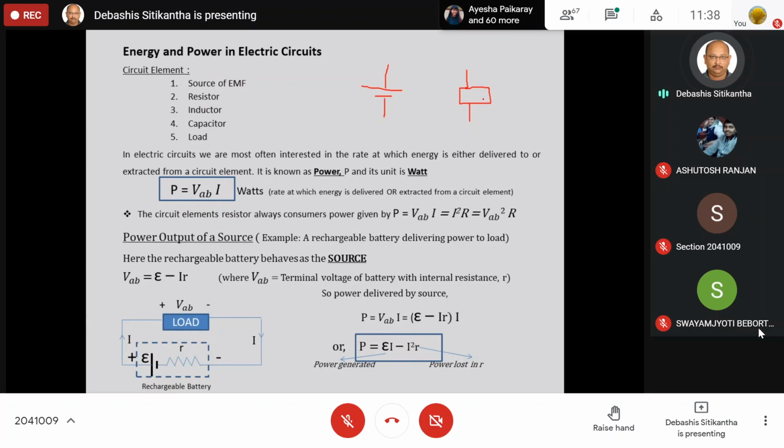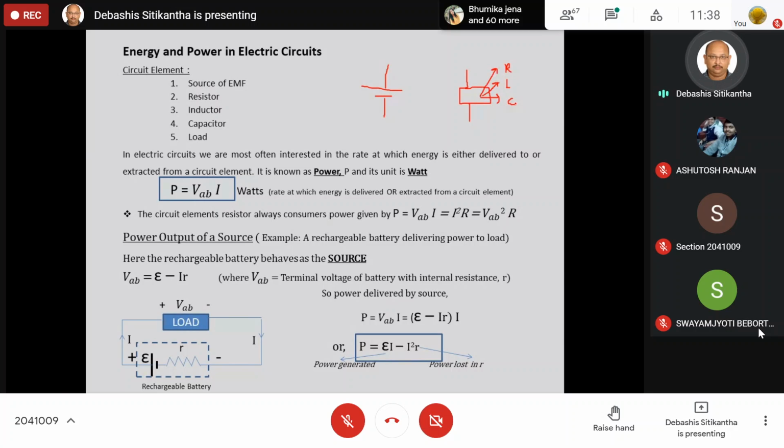Now, this load can be a resistor, a capacitor, an inductor, or any combination of all. That means it can be RC, or RL, or let us say LC or RLC, series or parallel.